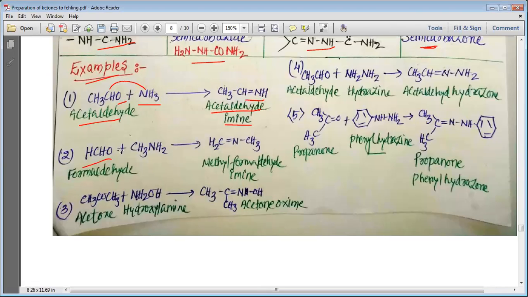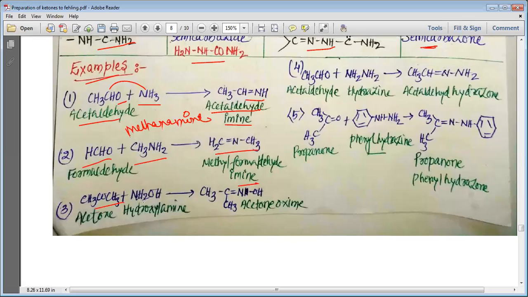In the same way, if you have formaldehyde and allow it to react with methanamine, you will get methyl formaldehyde imine.